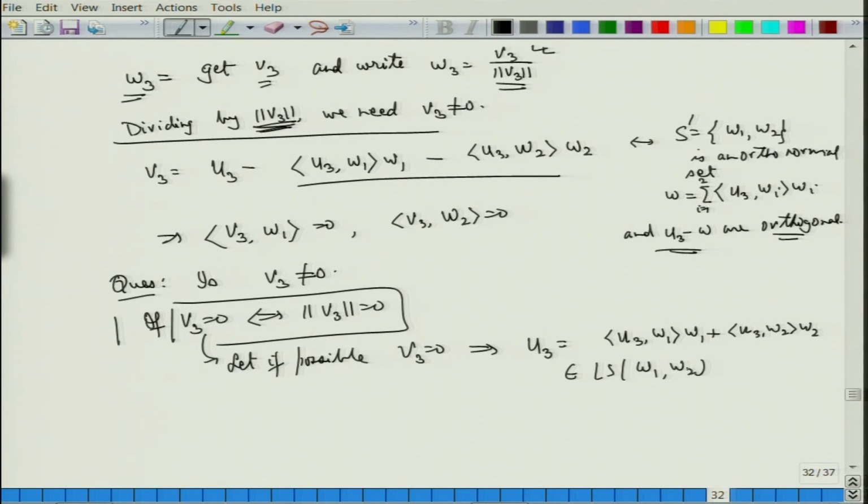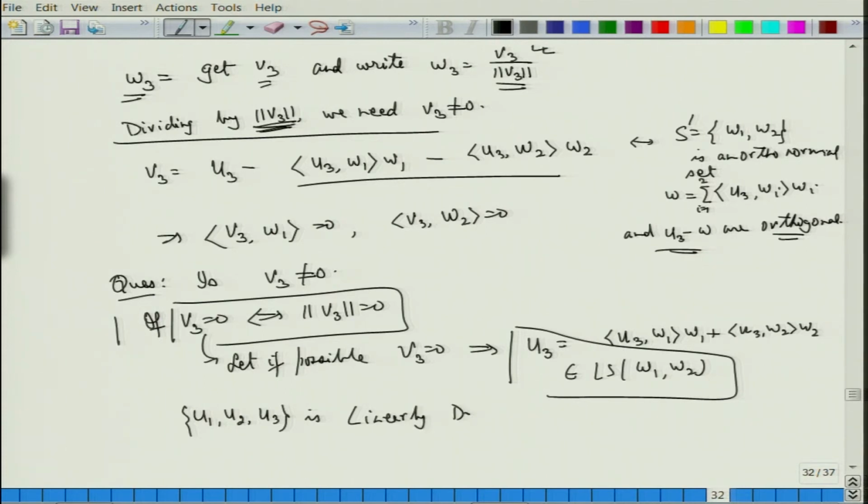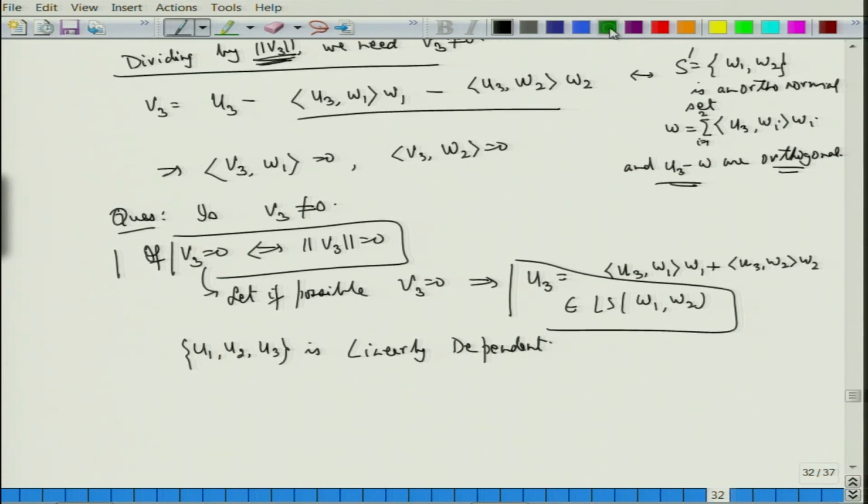Fine. So, if you remember your results about linear independence and dependence, it says that as soon as U3 is in the linear span, it implies that the set U1, U2, U3 is linearly dependent. All right. So, again recall this theorem.